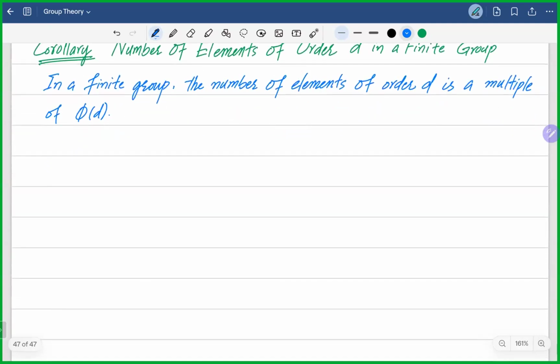And I would like to prove this. The proof is a number theoretic and group theoretic proof, so bear with me.